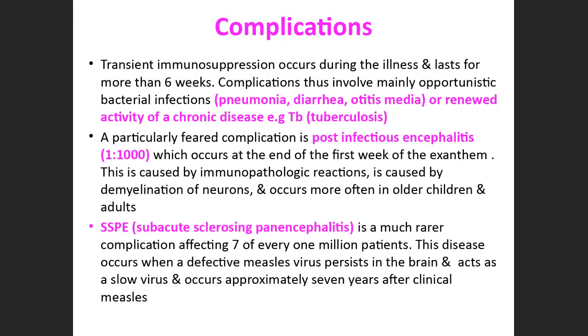It is a relatively rare complication, occurring in 7 in every 1 million patients, so it is very rare. How does it appear? A defective measles virus persists in the brain and acts as a slow virus. It remains latent, and later reactivates approximately 7 years after clinical measles.